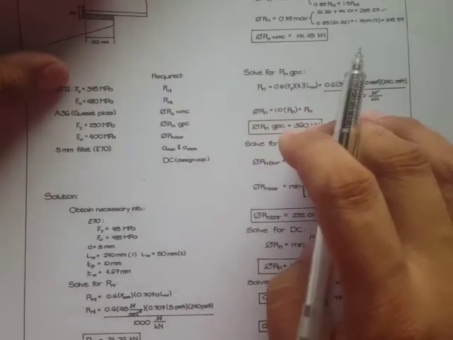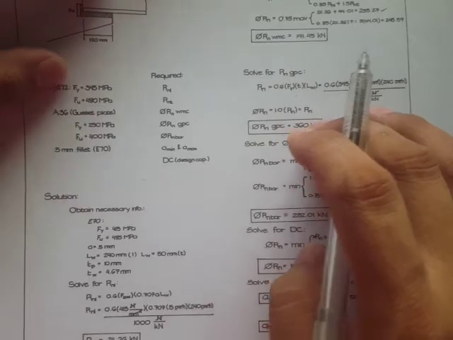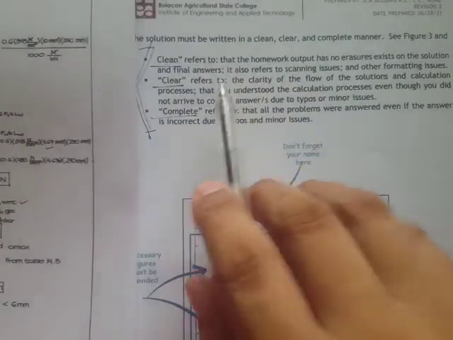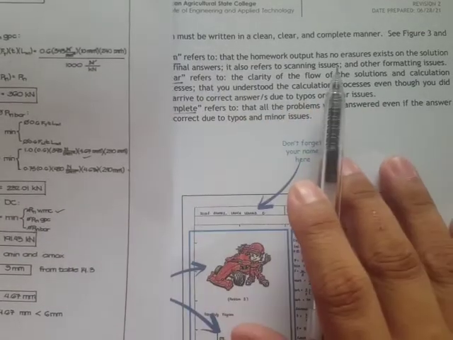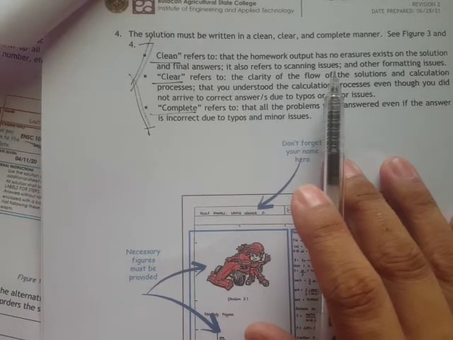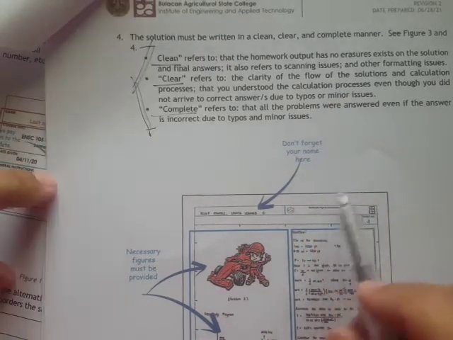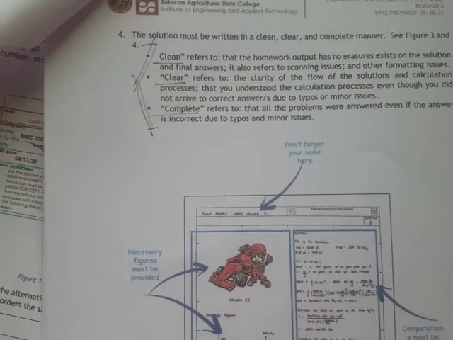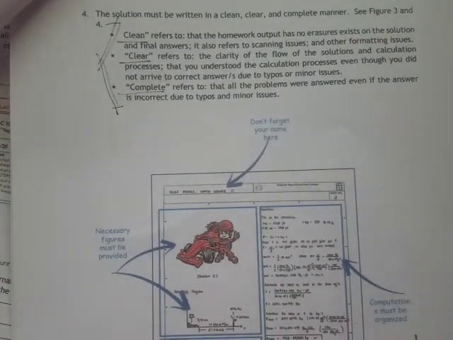Also, there should be no erasures in your homeworks. I usually give 5 points deduction for every erasure, so even if it's just typos, I give 5 points deduction for that.